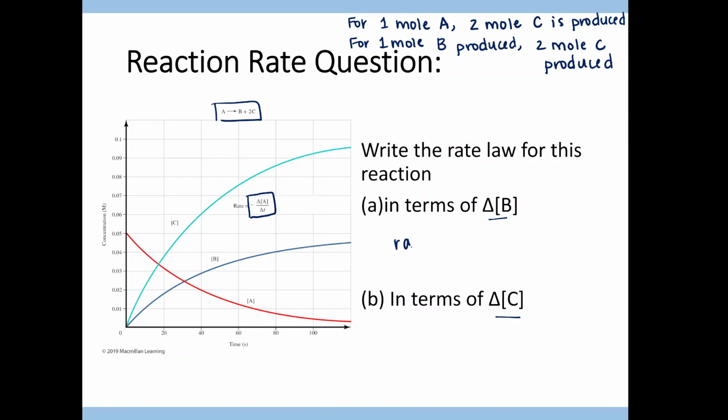So we can say the rate is equal to the change in concentration of B over change in time. Because C is generated at a rate that is twice as fast as B, then if we're writing the rate law in terms of C, we need that 1/2 there. So 1/2 times change in concentration of C over change in time.